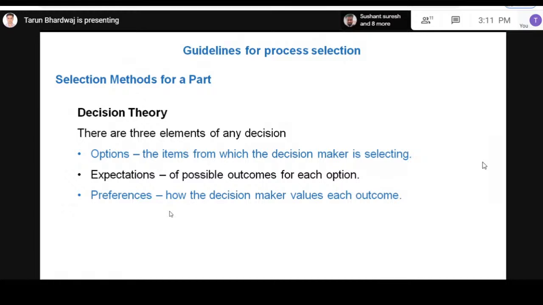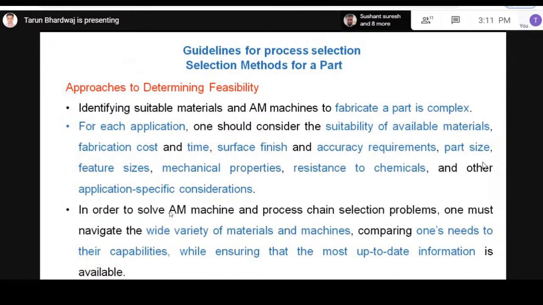And how can we determine these feasibilities, and identify a suitable material and process to fabricate a part, is complex.